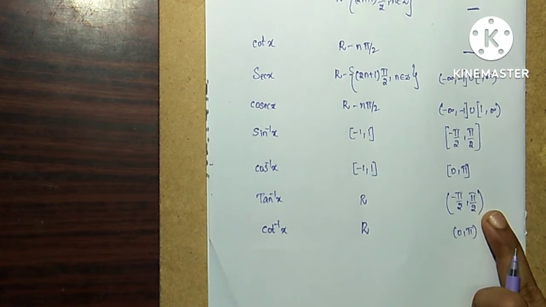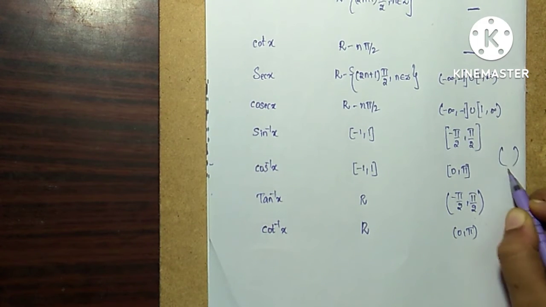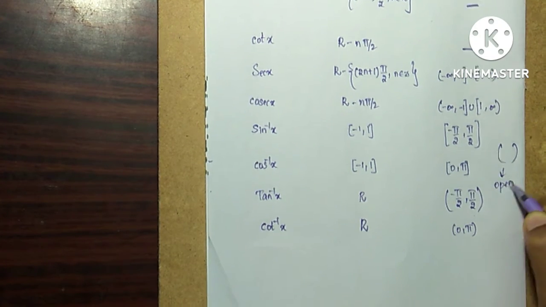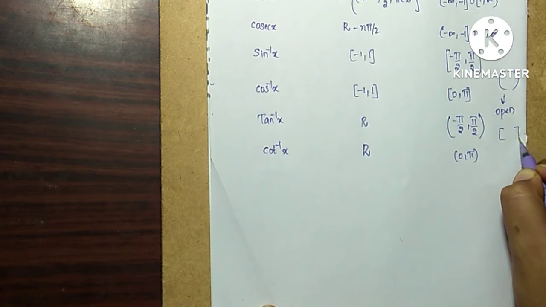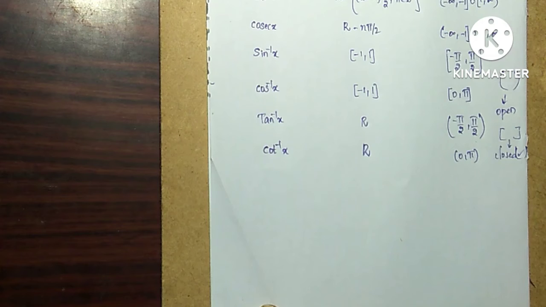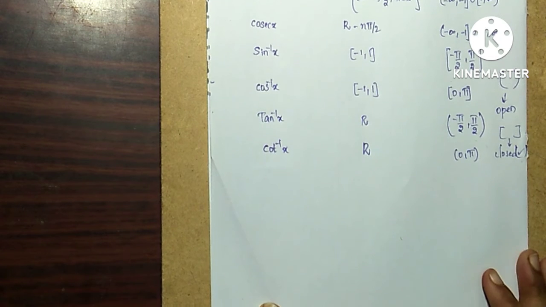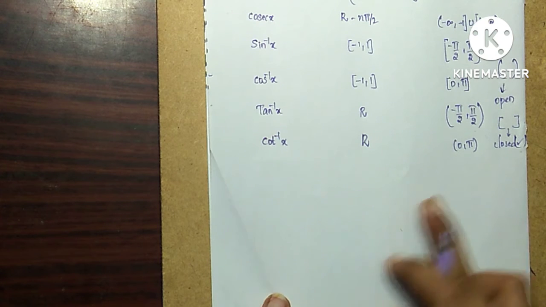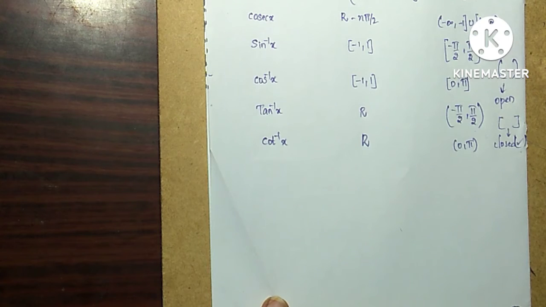If there is this type of bracket, this is called open bracket. If there is this kind of bracket, this is called closed bracket. Okay, just remember this. This is very important. If you change this to this, the formula will change. So don't forget to remember this.